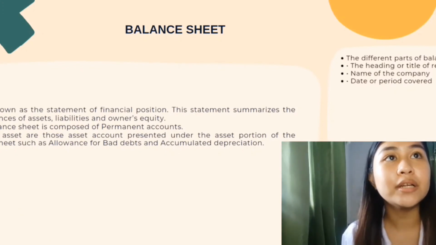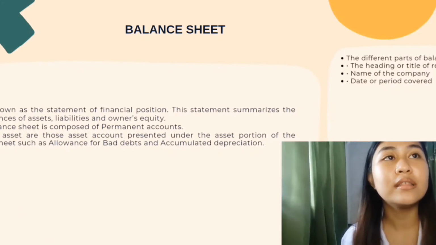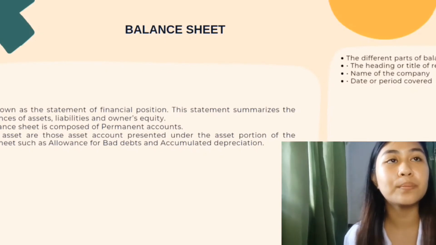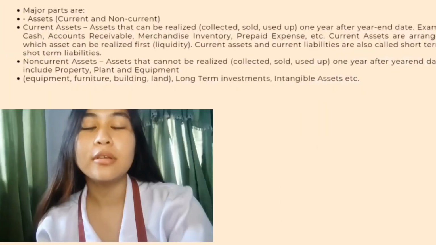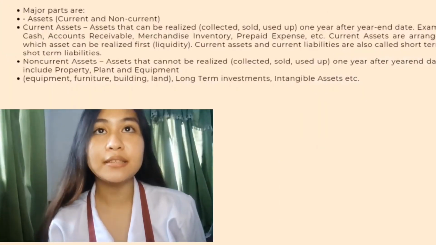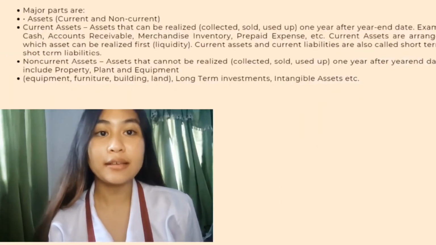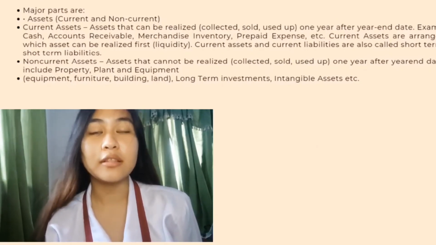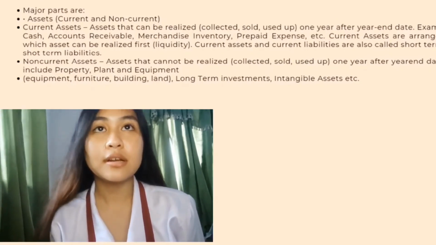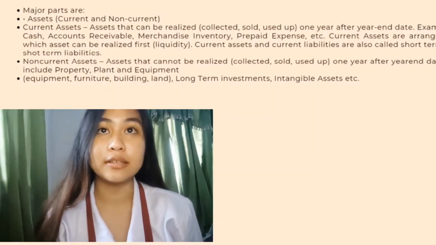So the different parts of the balance sheet are the heading or title of report, name of company, date or period covered. Major parts of the balance sheet consist of assets. There are two types of assets: current assets and non-current assets.